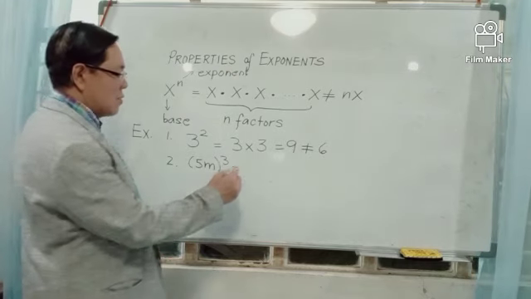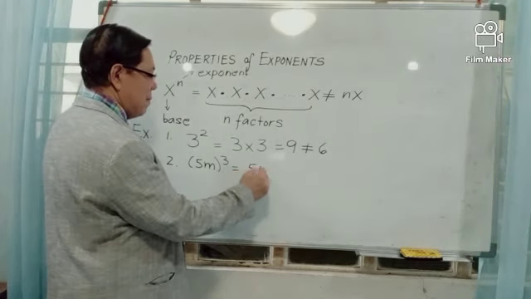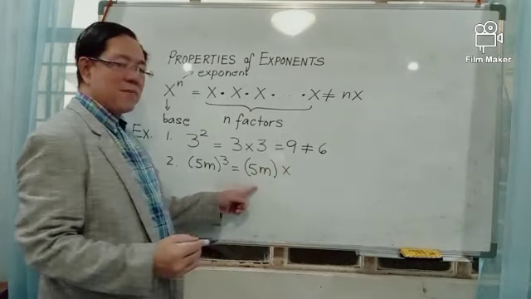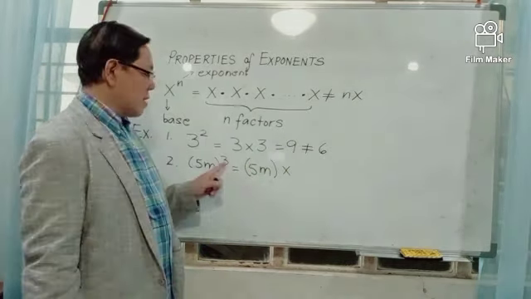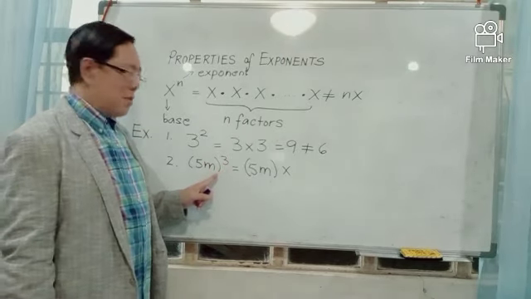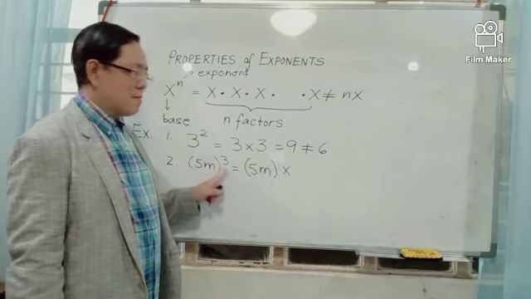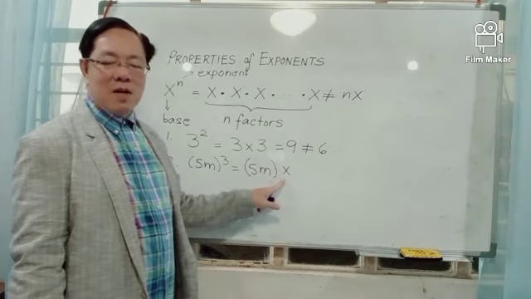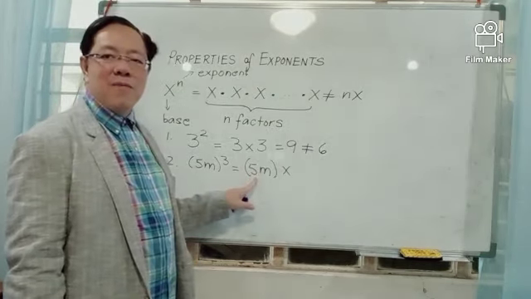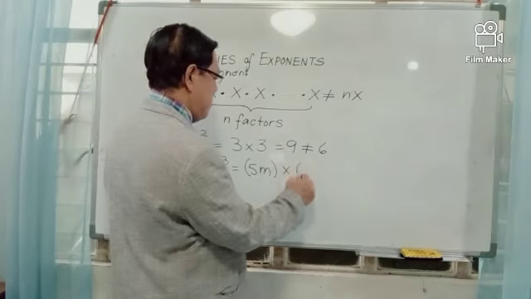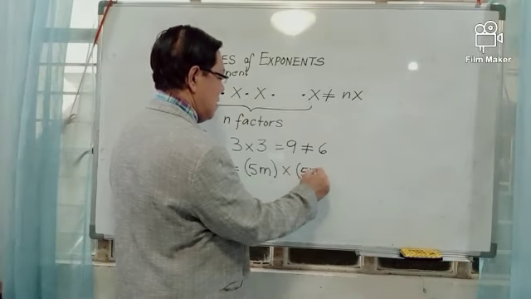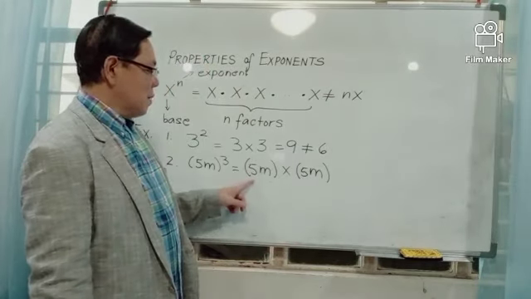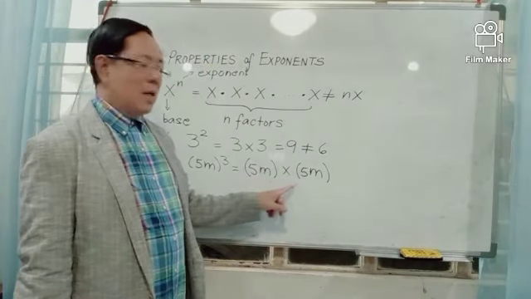Hence, the first factor is 5m. We multiply 5m by itself 3 times because the exponent of the base is 3. Multiply it by another factor, which is again 5m. Now we have 2 factors, both equal to 5m.